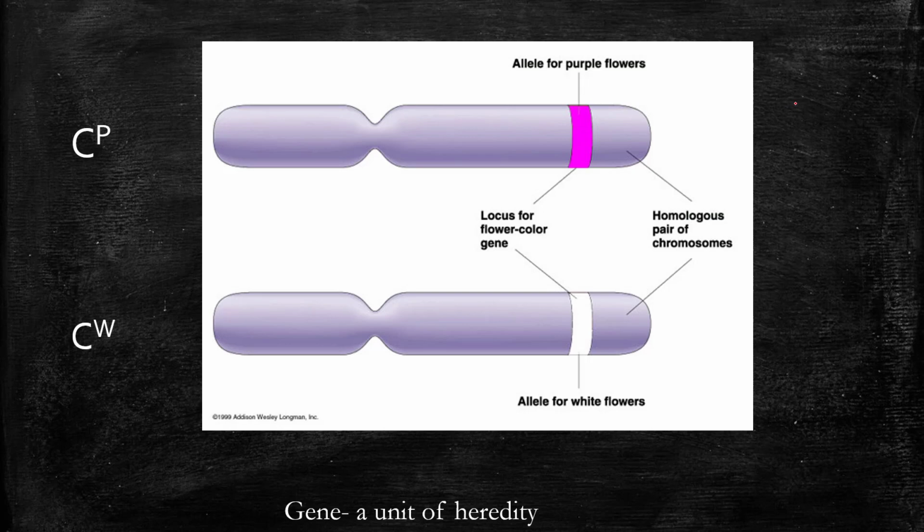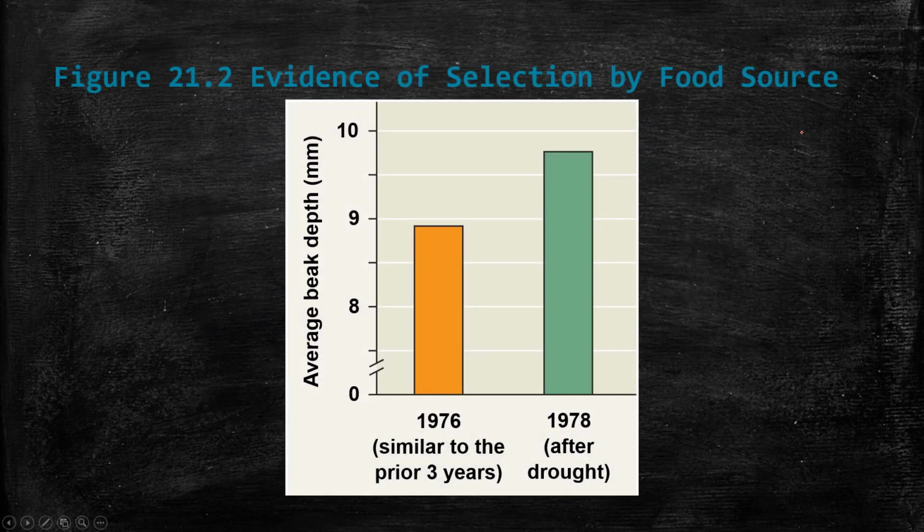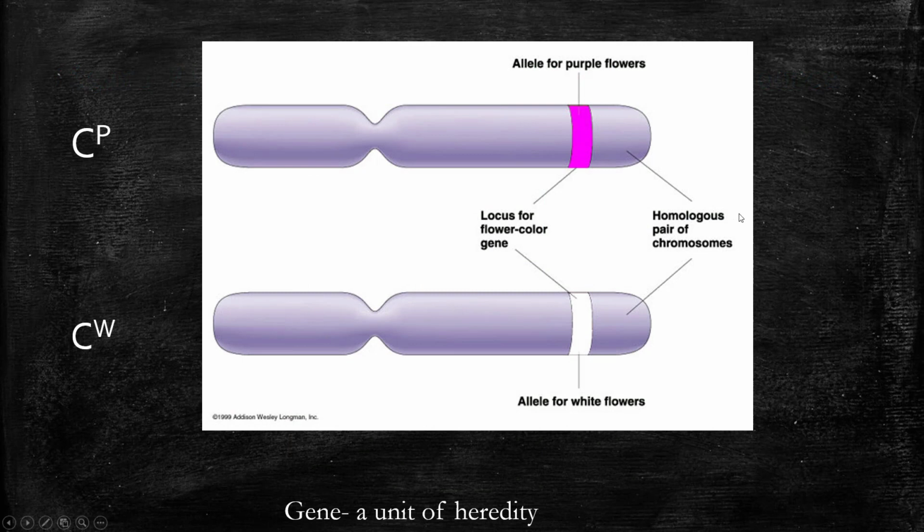There's no dominant and recessive. We're going to use the letter C to represent the gene, color. And then we're going to use P to designate purple, or W to designate white.